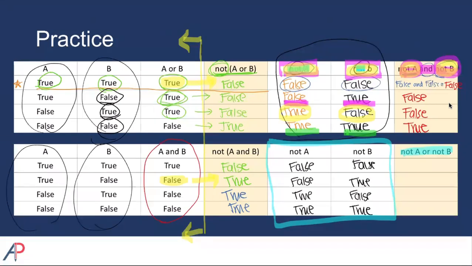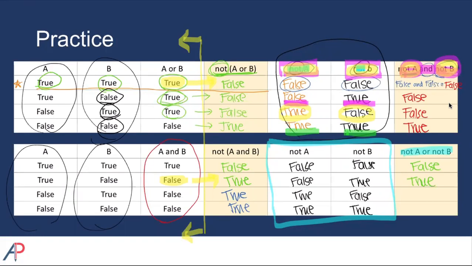Perfect. This one would give me false. False or false, we already know should be false. In the second row, however, I have false and I also have true. So what is false or true? Perfect. This one is going to be true.